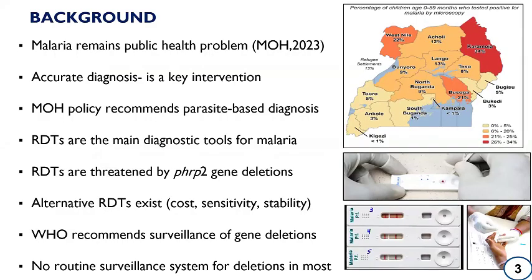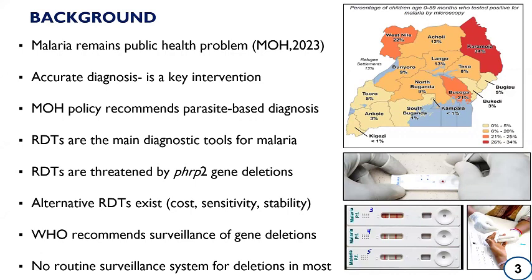What I show here is a map of Uganda showing the malaria burden and the transmission intensities in all regions of Uganda. So we know that malaria is still a big problem in Uganda, not only in Uganda but in sub-Saharan Africa. And one of the key interventions for malaria control is diagnosis.